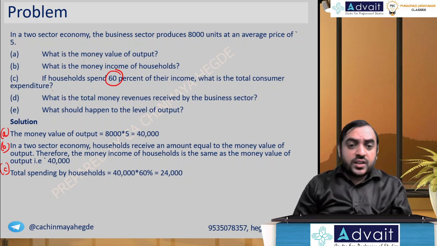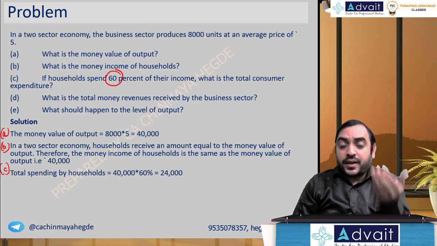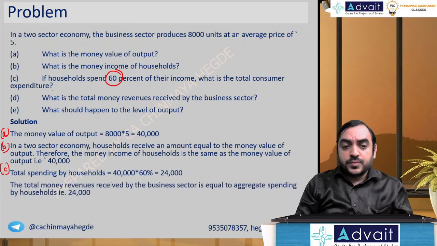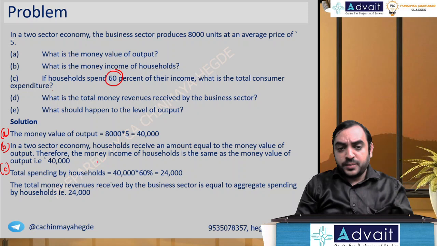Okay. What is the money revenue received by the business sector? So out of 40,000, how much did they spend now? Only 24,000.